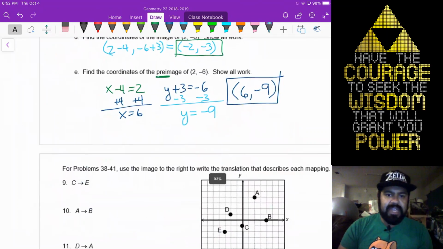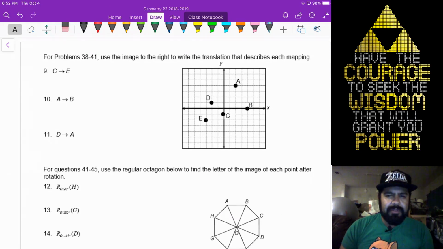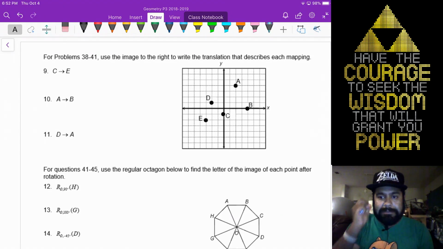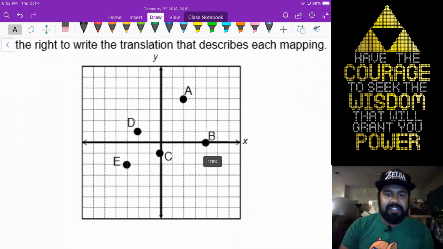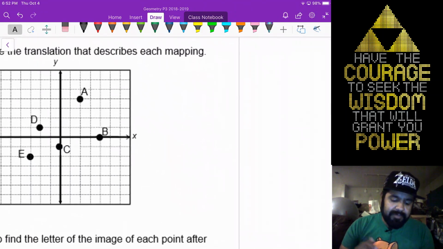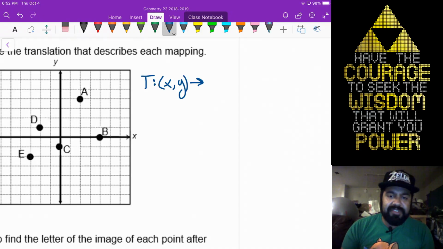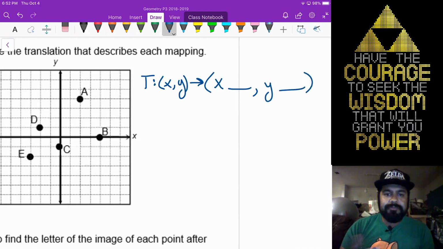All right, next one. Yeah, I really need to renumber those. I don't know what happened. Okay, we're going to talk about the translation that describes these. Now, there are two ways of writing this. Remember that we have our formal translation rule, which we say T colon (x, y) maps to (x plus or minus some number, comma, y plus or minus another number), depending on whether you're moving left or right or up or down.